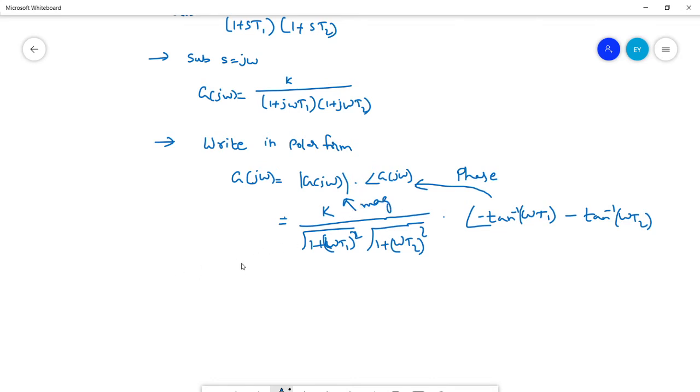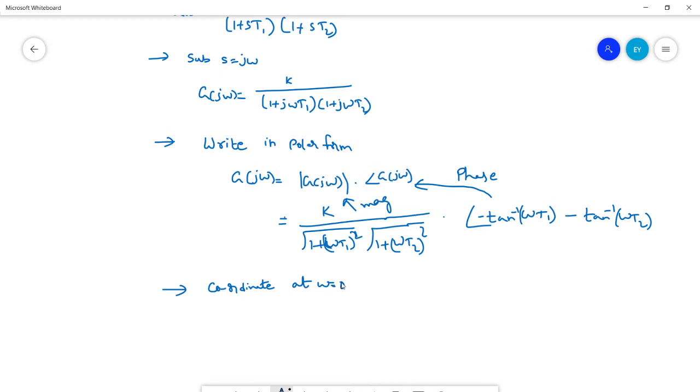Then, by making use of these magnitude and phase expressions, the next step is to find the coordinate at ω equal to 0.